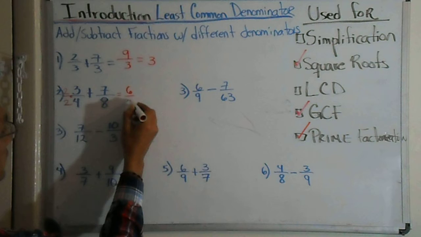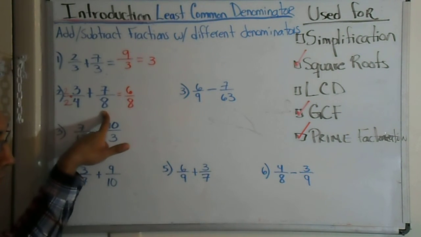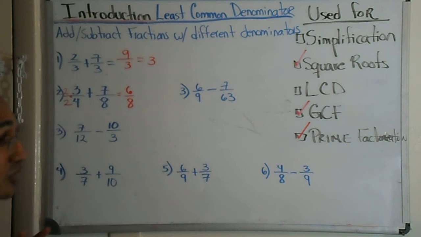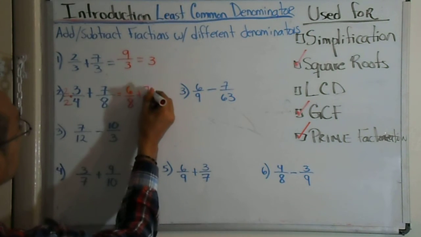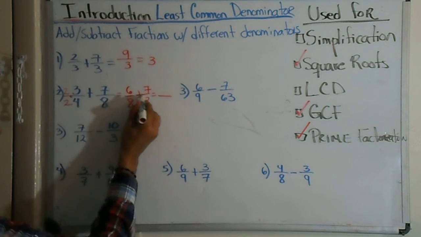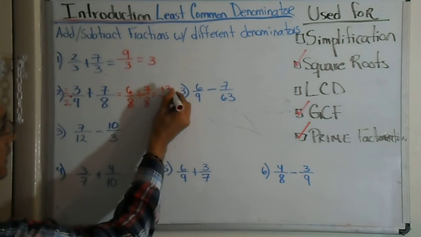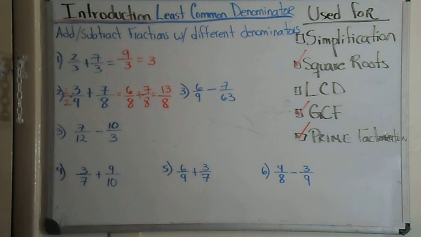And 2 times 2 times 4 is 8. And then here, the number is already 8, so therefore you have to do nothing with it. And it becomes 7 over 8. And therefore you just add the top because the denominators are the same, and 6 plus 7 is 13 over 8. And you're done. So let me repeat the strategy to you.